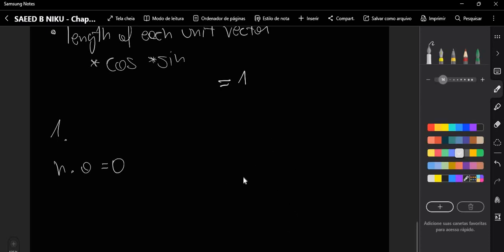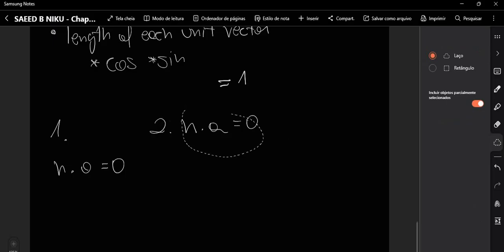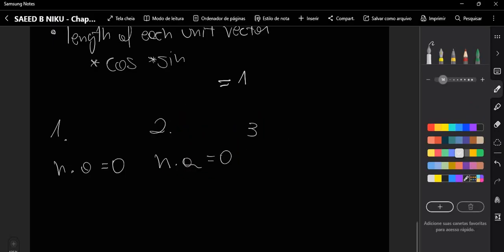Okay, second one, the scalar product between n and A is equal to 0, and the scalar product of A and O also equals 0.